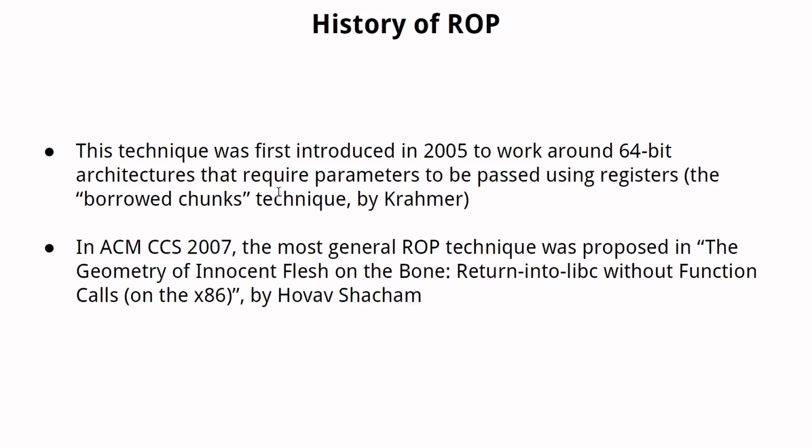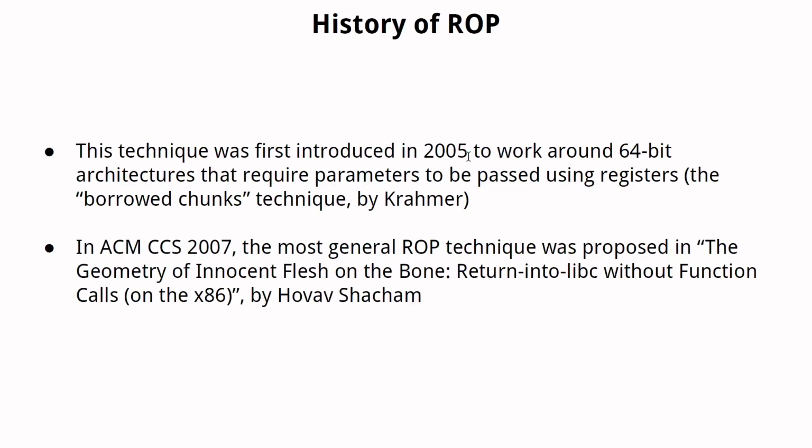We use registers. And when you do a buffer overflow, you cannot overflow registers. You can only overflow the stack. That's why using ROP, we can change the registers. And that is what this person proposed back in 2005.